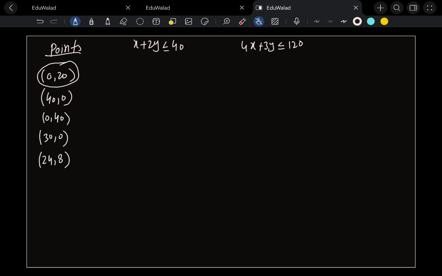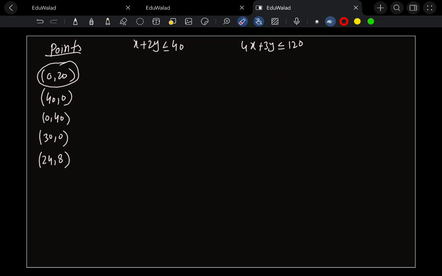If one inequality is satisfied and the other is not, then this point will not be considered. For consideration, the point must satisfy all these inequalities.